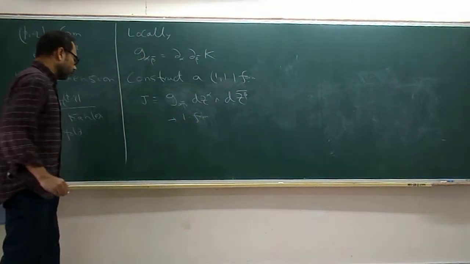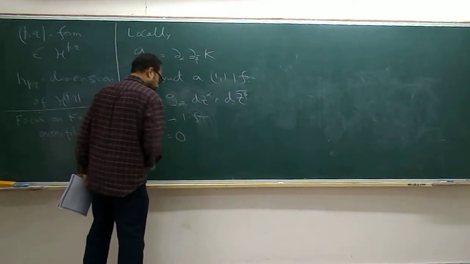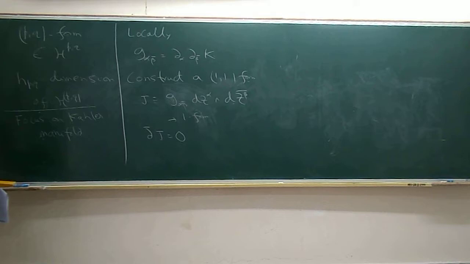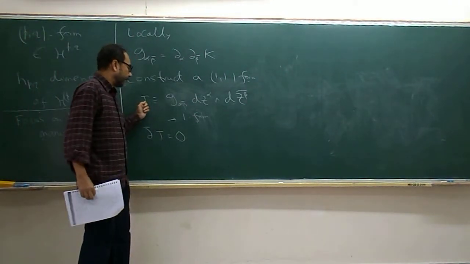But there is something more, which is that ∂̄J is closed, is 0. Why? Because ∂̄ of g, you take one more derivative, ∂_γ̄.